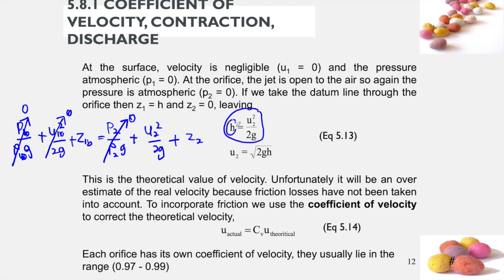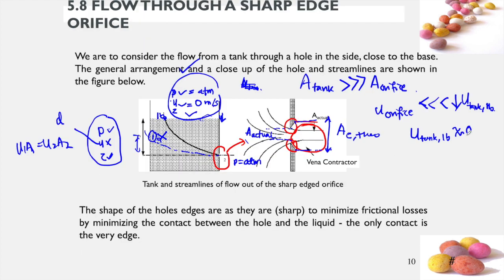So where does this h come from? We rearrange the equation: Z1 minus Z2. So U2 squared is equal to 2g times (Z1 minus Z2). Let's take a look at the terms Z1 and Z2.